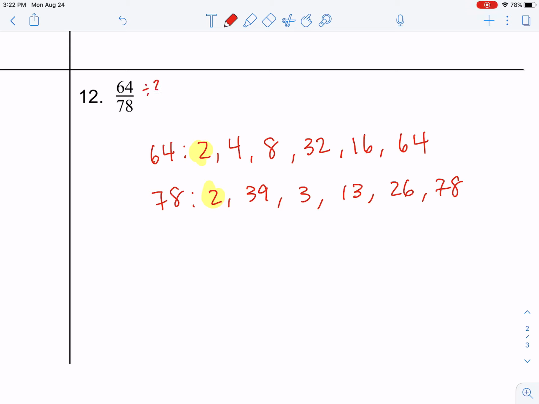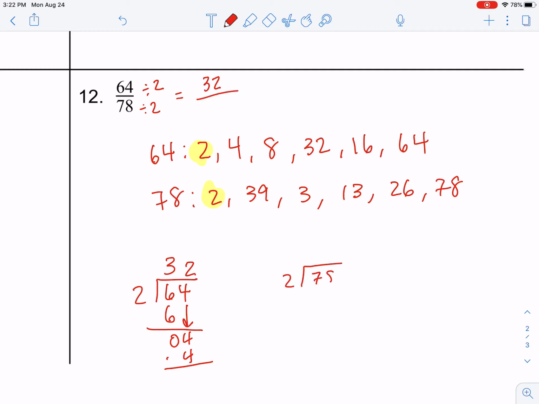And again, if you automatically know that it is divisible by 2, then you can keep on going until you find that it is in its simplest form. So 64 divided by 2. I'm going to do my division real quick at the bottom. And that gives you 32. 78 divided by 2 gives you 39.